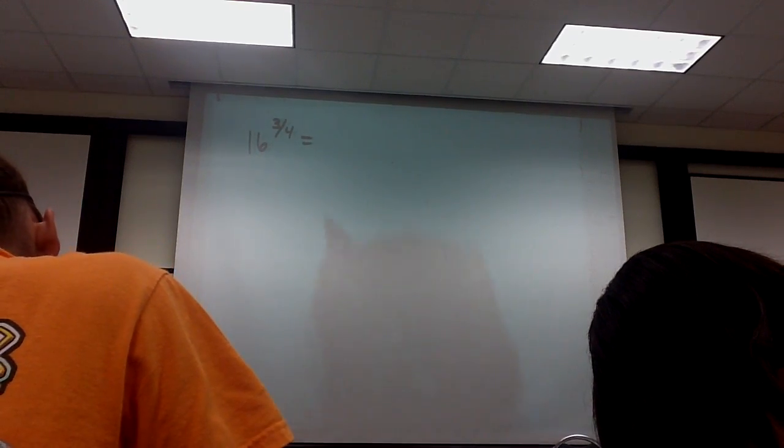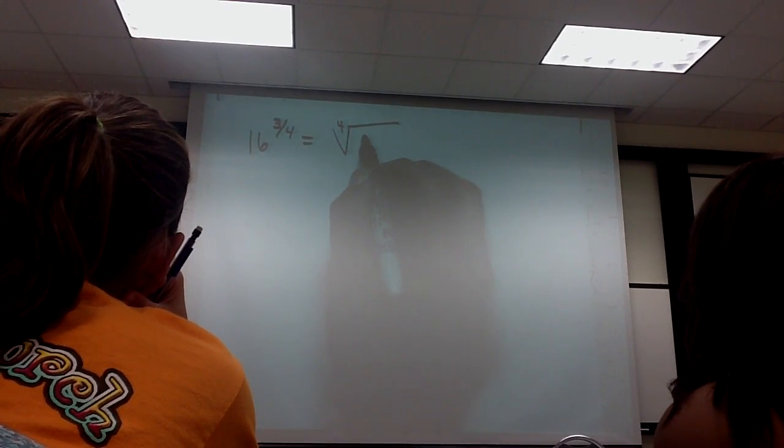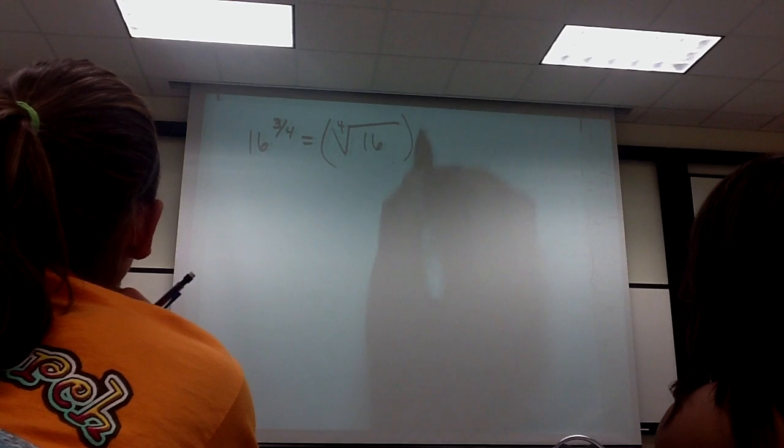But as soon as we start introducing x's into the expression, all of a sudden I can't use my calculator anymore. But I can still come up with a radical expression. Let's work this guy. 16 to 3/4 in the radical expression is what? What kind of root? What's the index? The 4th root of 16. And then to the 3rd power.